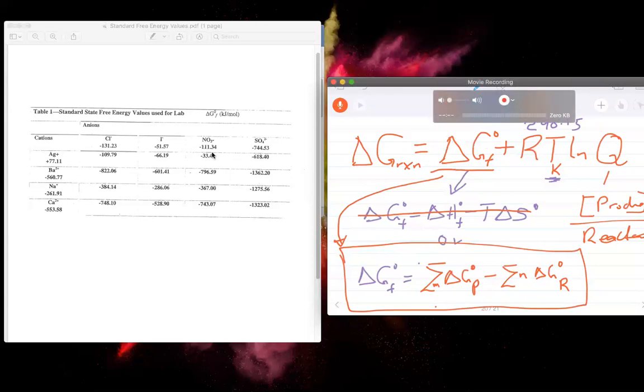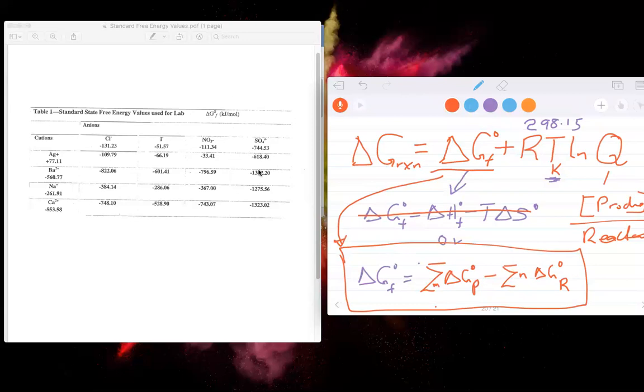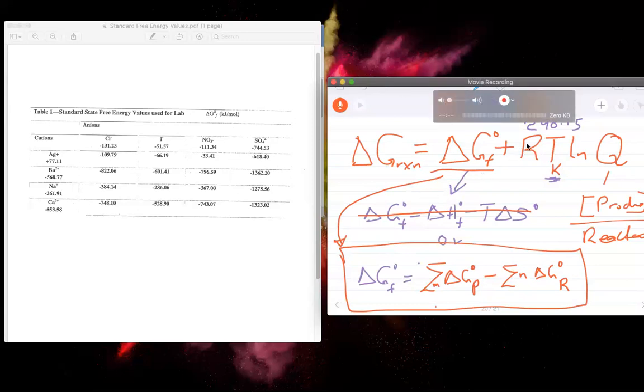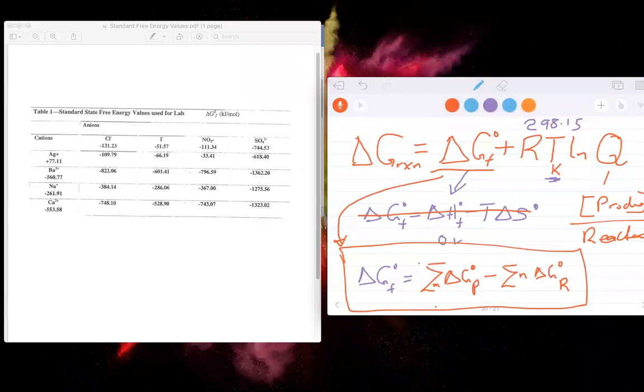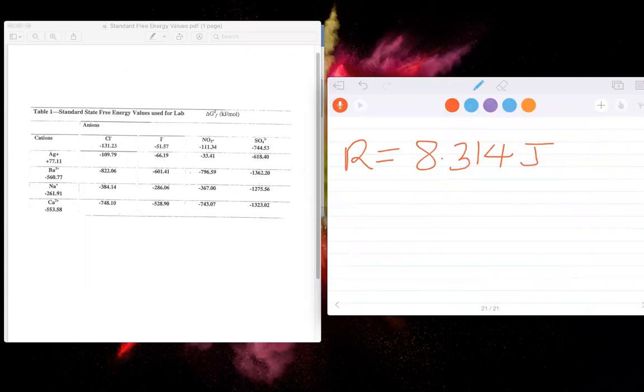I've given you the R constant. It's not 0.08, whatever you are used to. This is energy, and energy should be in joules per mole.